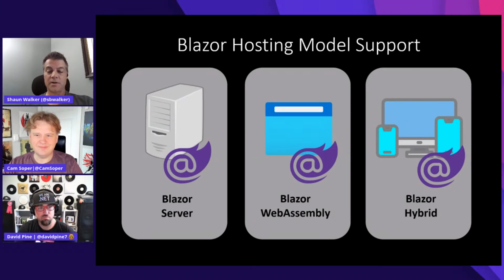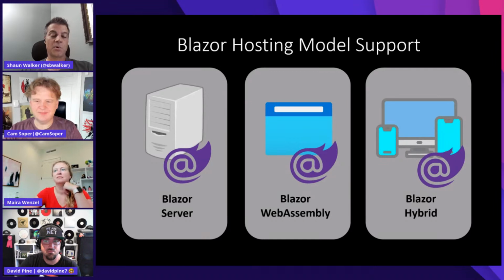As far as Blazor hosting models, like I said, the idea was that Oqtane should support all the hosting models, and so it supports Blazor Server, Blazor WebAssembly, and Blazor Hybrid. The interesting thing here is that it doesn't just support this per installation. It actually supports this per tenant.